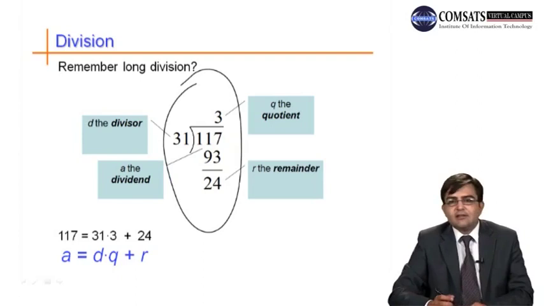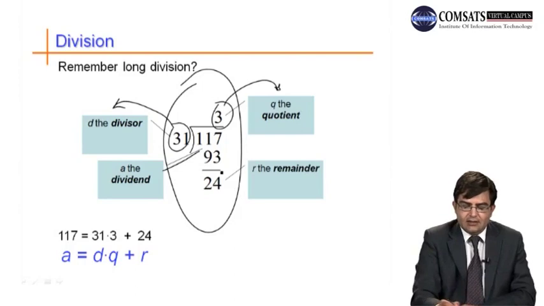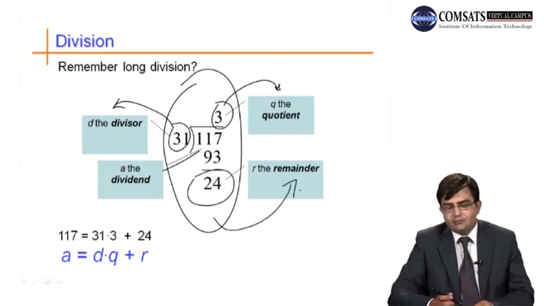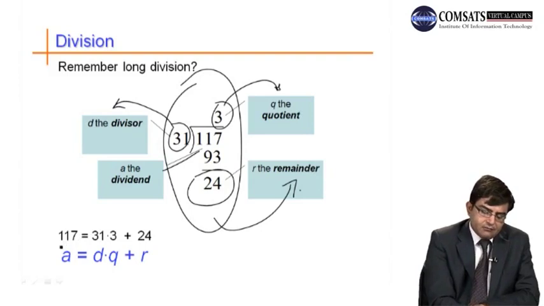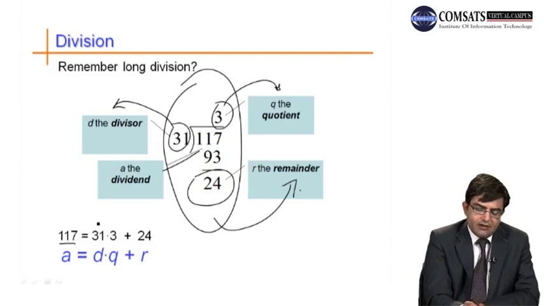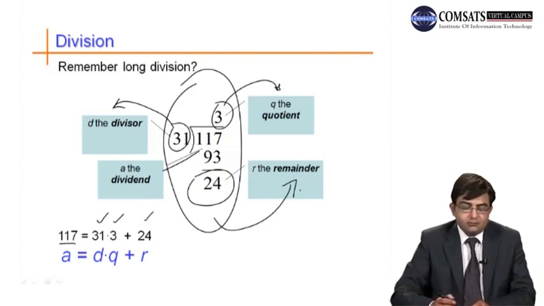You divide the numbers like this, in which you know this is the divisor, this is the quotient, this is the dividend, and this is the remainder. And we write the dividend, this 117, as equal to the divisor times the quotient plus the remainder. We can write the dividend in this form.